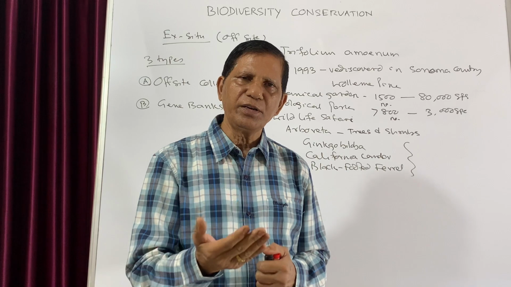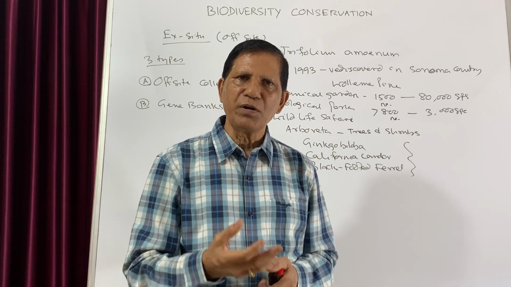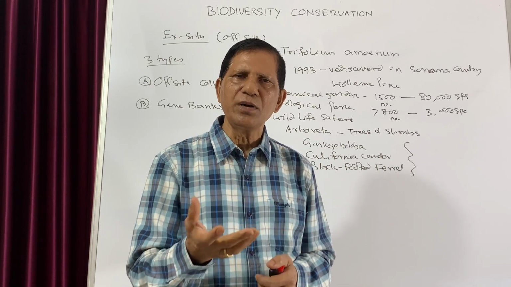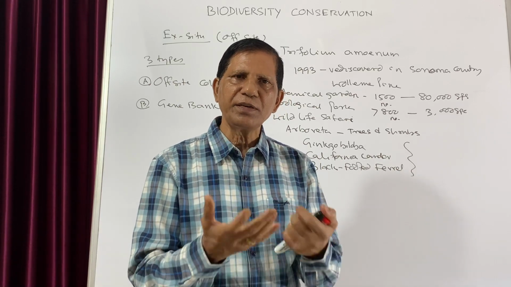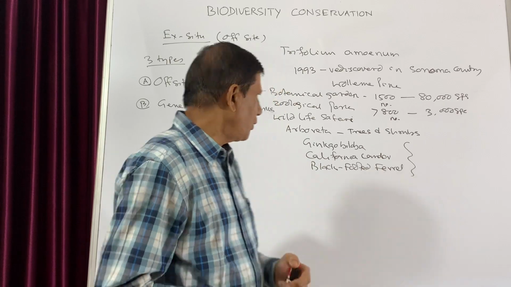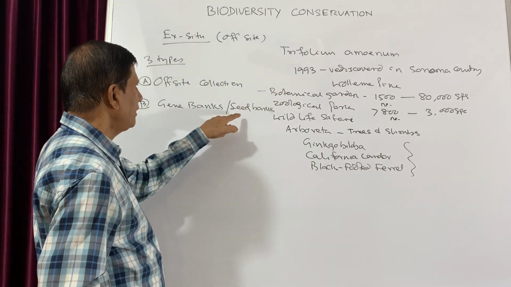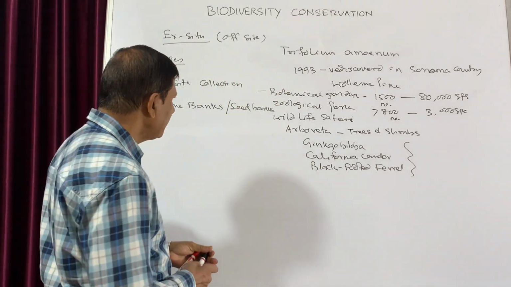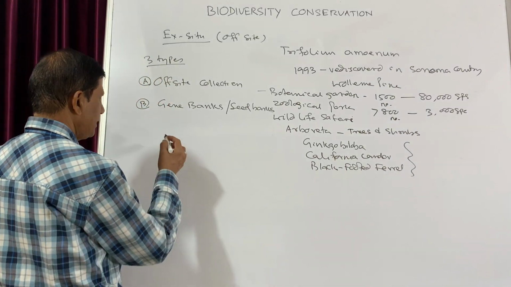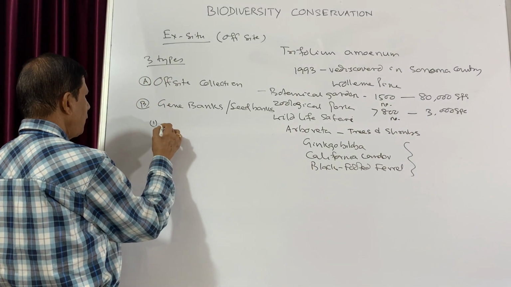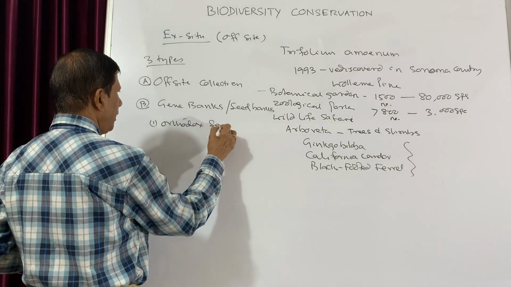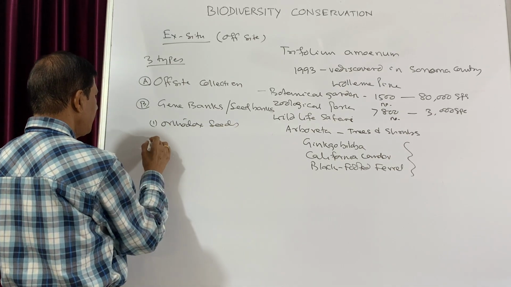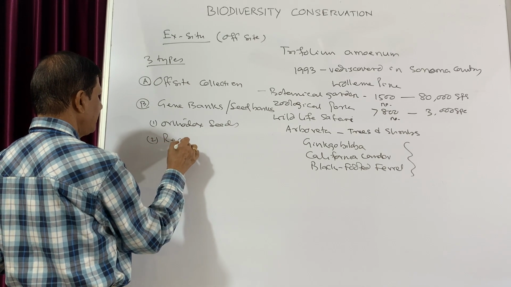We can conserve it also in the form of seeds, embryos, callus, tissue, anything, because the germplasm is present there. The gene banks or seed banks are again of two types. One is orthodox seeds, and the second is recalcitrant seeds.